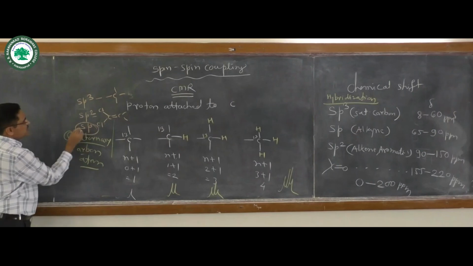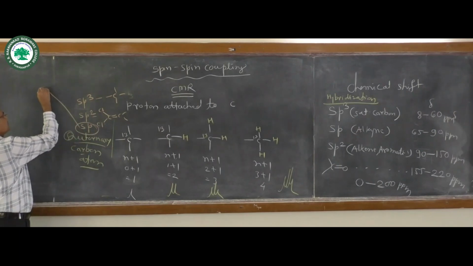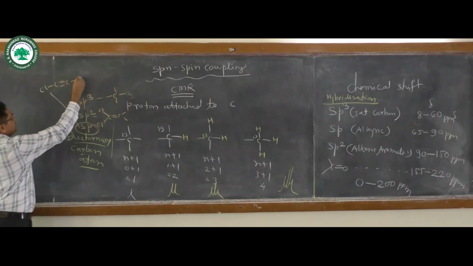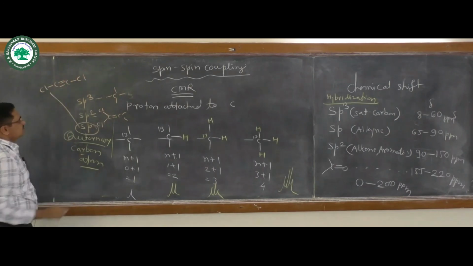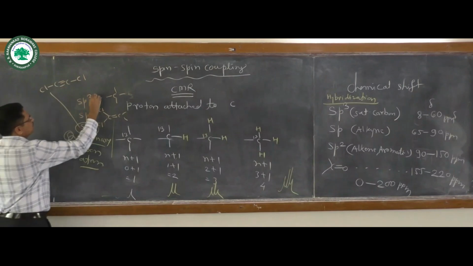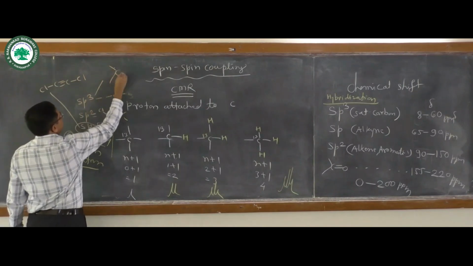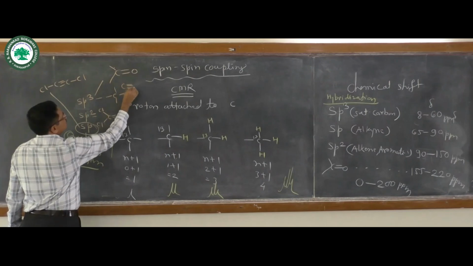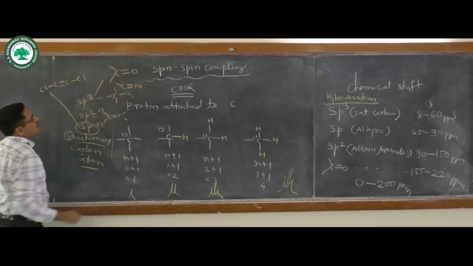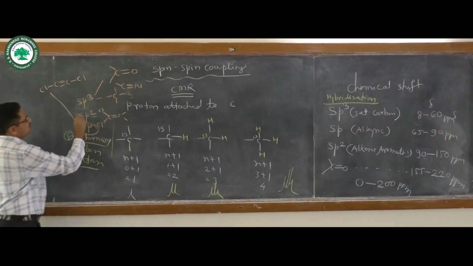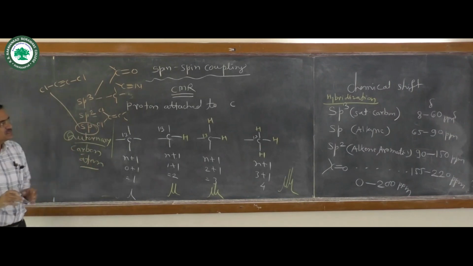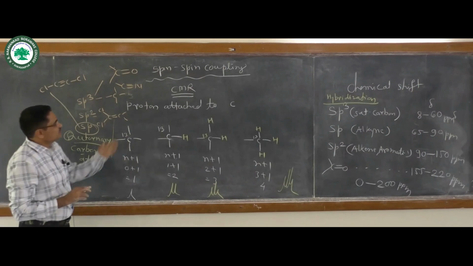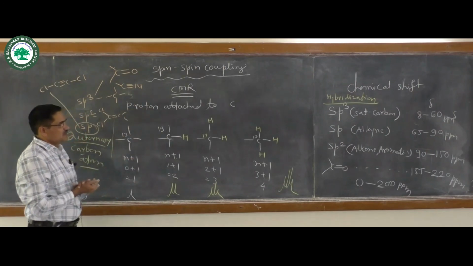And in case of sp, here suppose Cl, C triple bond C, and suppose here Cl. And there are also some other examples, majorly carbonyl compounds, carbon, nitrogen, etc. So these are some examples related to spin-spin coupling.